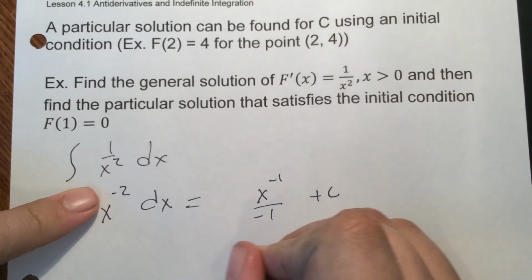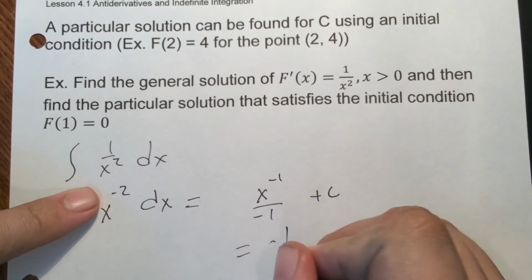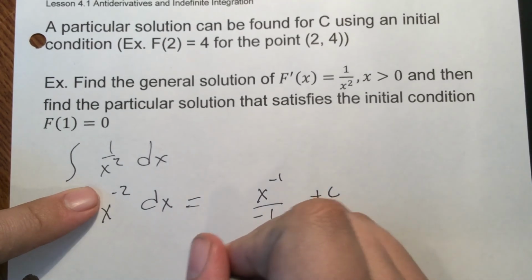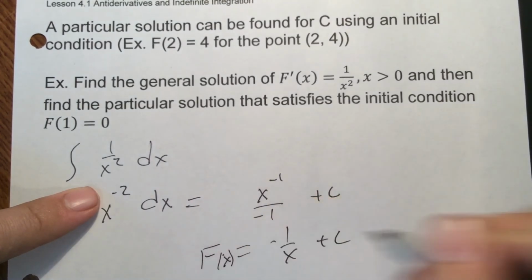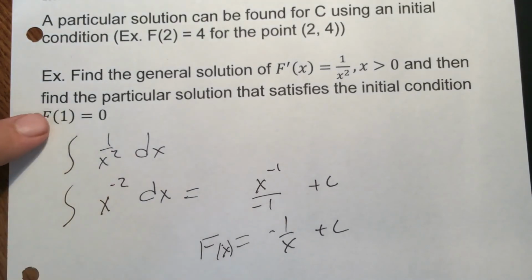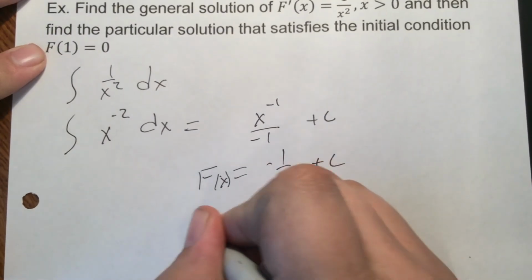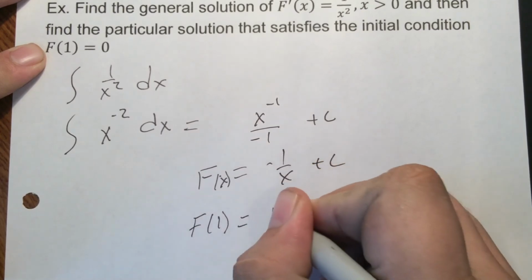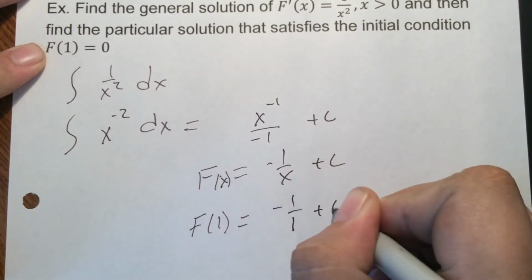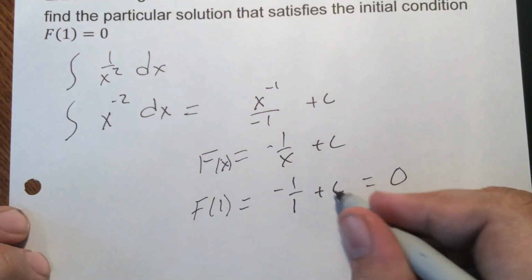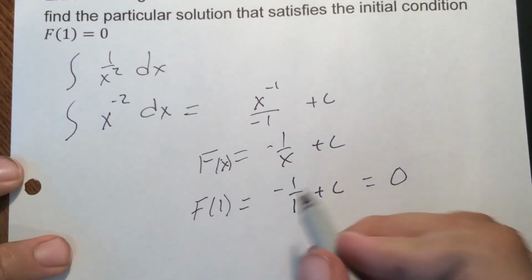So in other words, we have negative 1 over x plus c as our integral. So now it says, hey, f of 1 is going to be 0. So if we do f of 1, negative 1 over 1 plus c would have to equal 0, is what that's saying. So now the only thing we don't know is c, so we can solve from there.